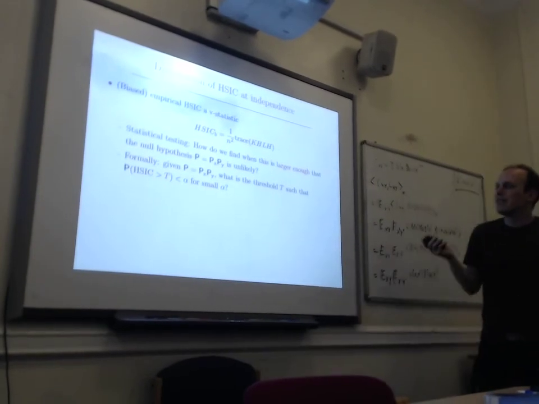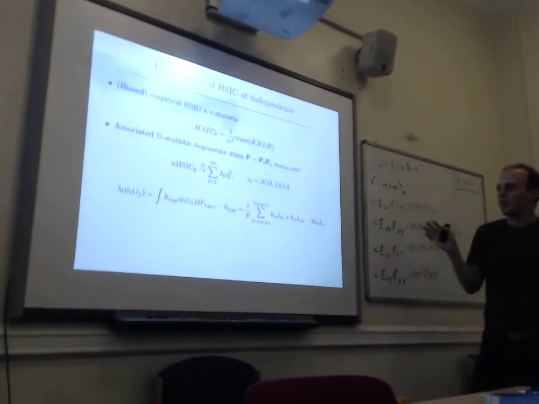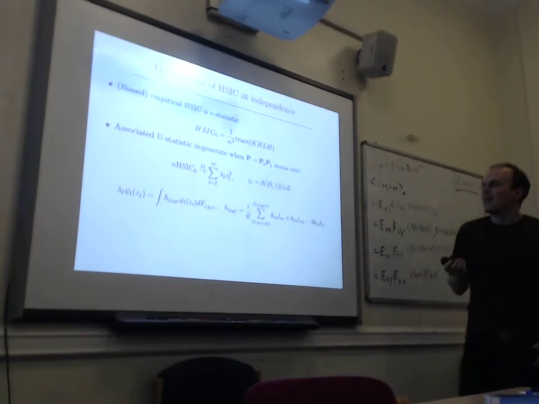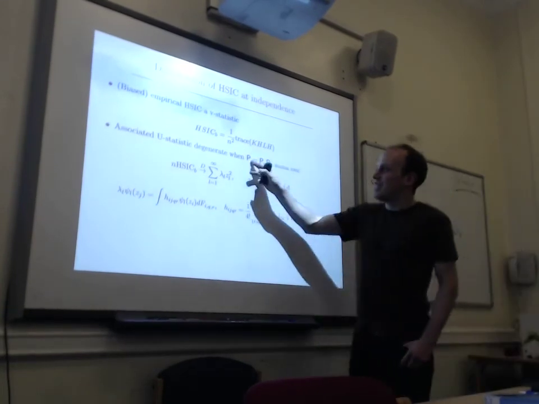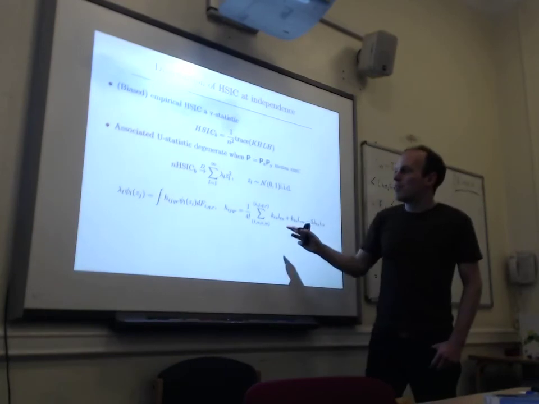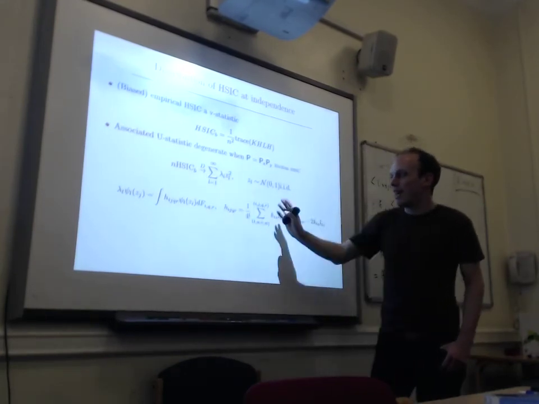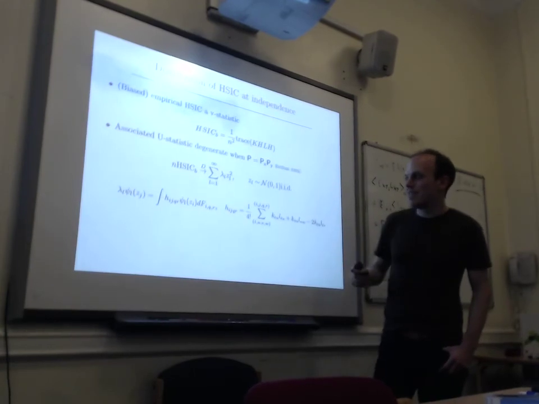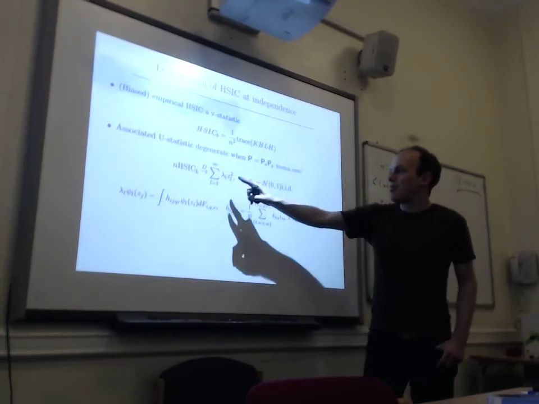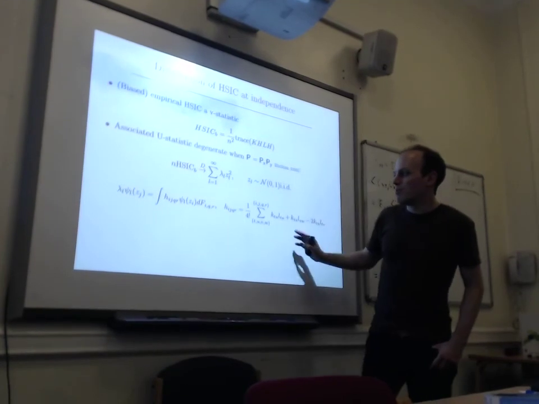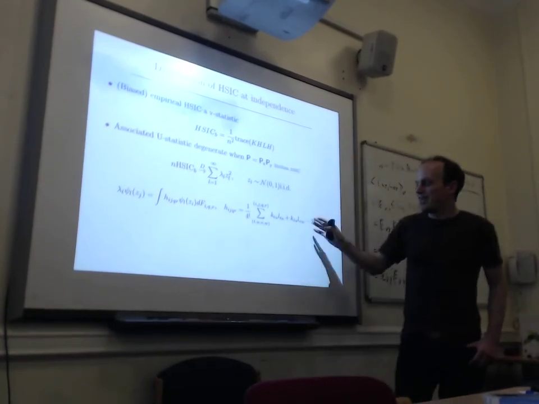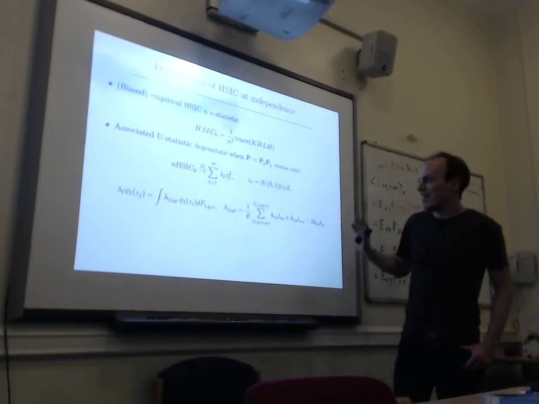Now again, as in the MMD, we run into problems, but these problems are even worse. When independence holds, what does the distribution of this statistic look like? It looks like an infinite weighted sum of chi-squareds again, just as the MMD did. But this time, the eigenvalues are the solution of a problem that I'm writing here just to show you how awful it looks.